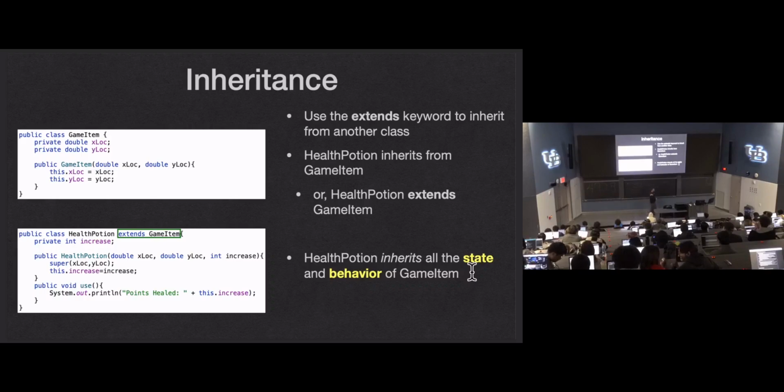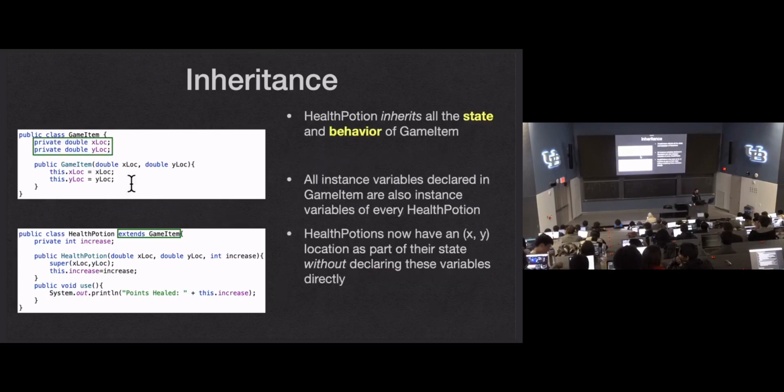So we're going to inherit all that state and behavior from GameItem. These two instance variables, X location and Y location, exist in every object of type HealthPotion, even though they're not declared in the HealthPotion class.